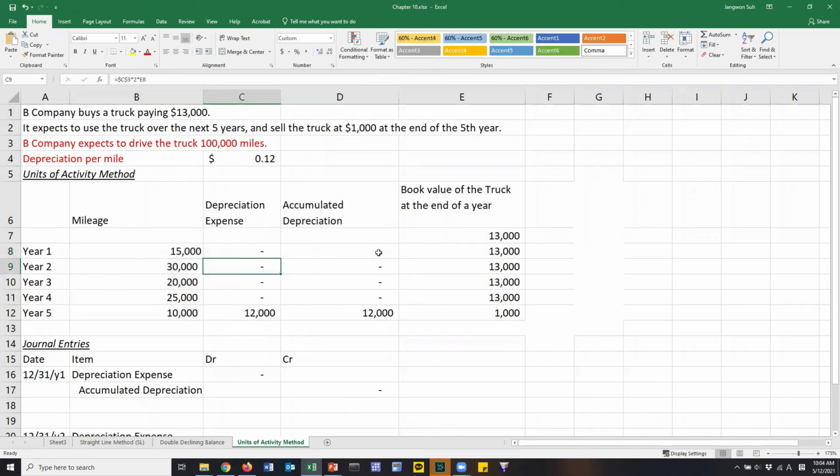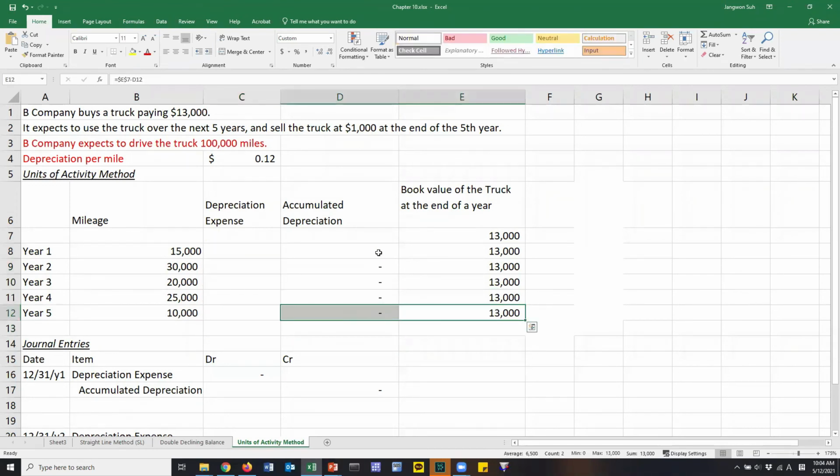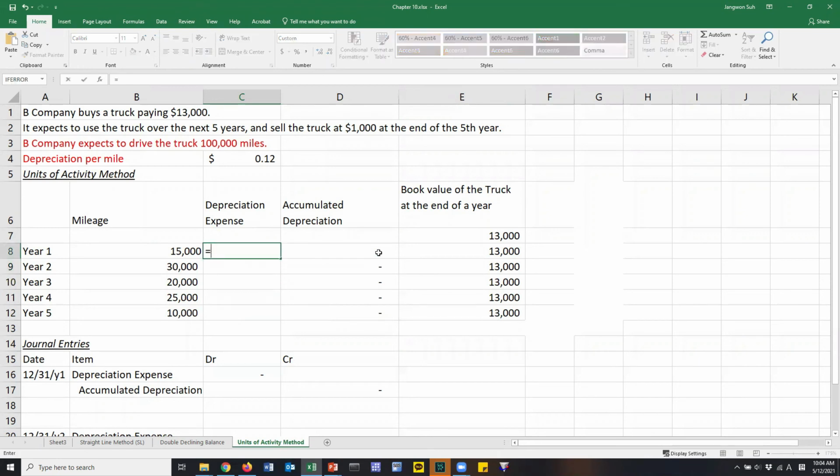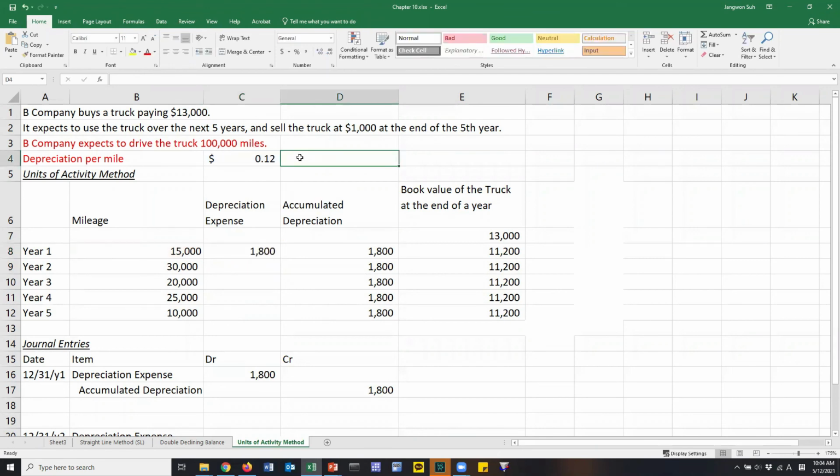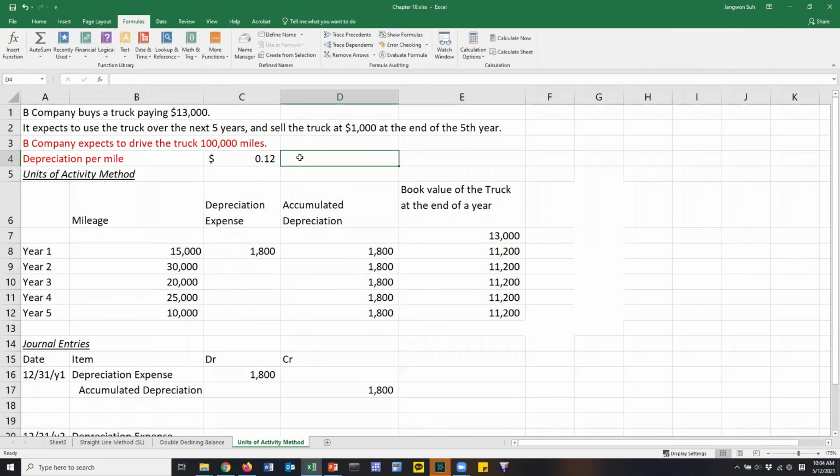Okay, that said, what would be each year's depreciation expense? As you can guess, it's the per mile depreciation times your mileage, right? Again, 12 cents per mile times the mileage.